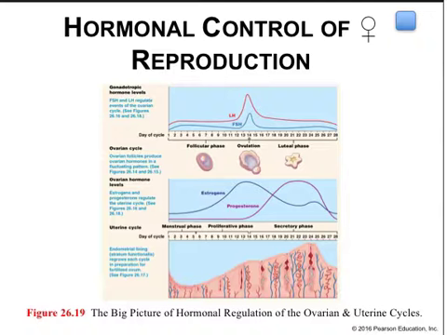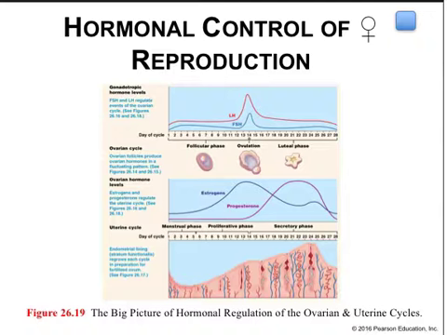This triggers ovulation. Ovulation generates a corpus luteum, which kicks out progesterone and estrogen. During the secretory phase of the cycle, rising progesterone levels and decreasing estrogen levels inhibit luteinizing hormone. If fertilization doesn't occur, progesterone levels decrease, the stratum functionalis breaks down, and the menstruation phase begins.